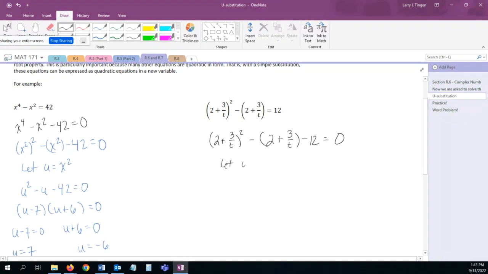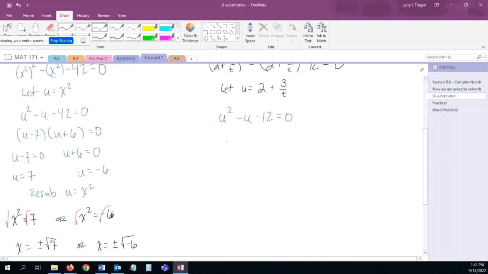Then let's let u equal 2 plus 3 over t. If I do that, now I have u squared minus u minus 12 equals 0. Right? Same thing as before. They're one apart.